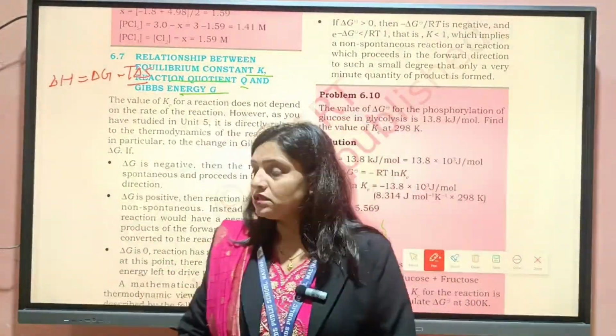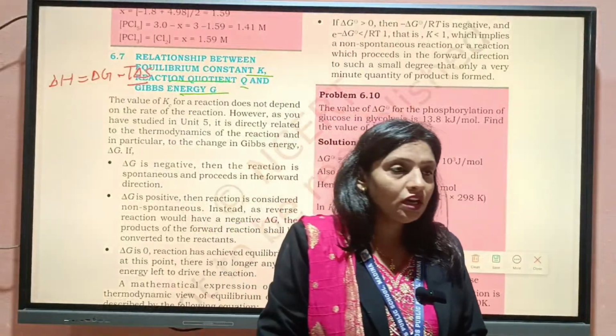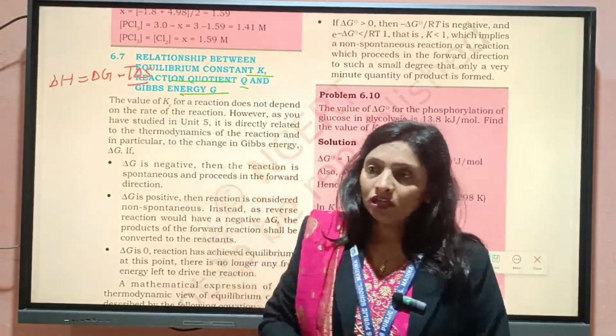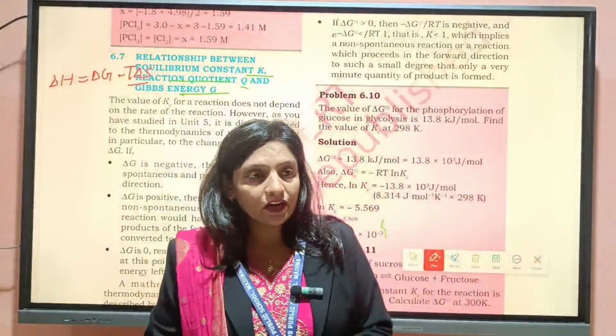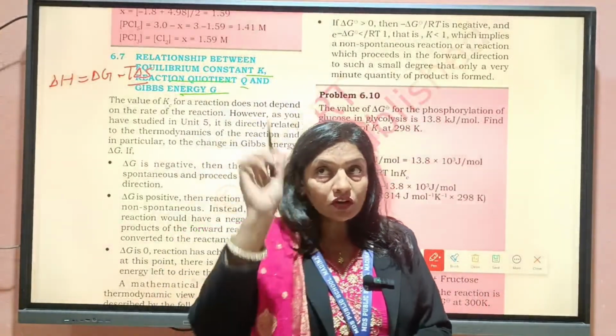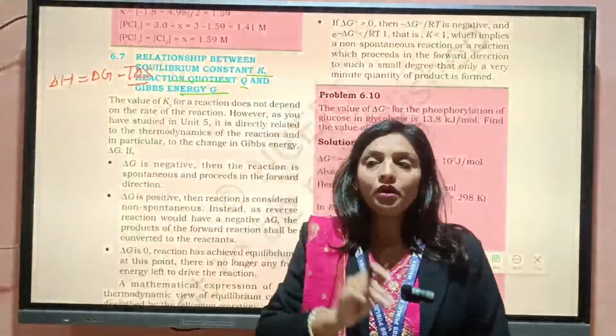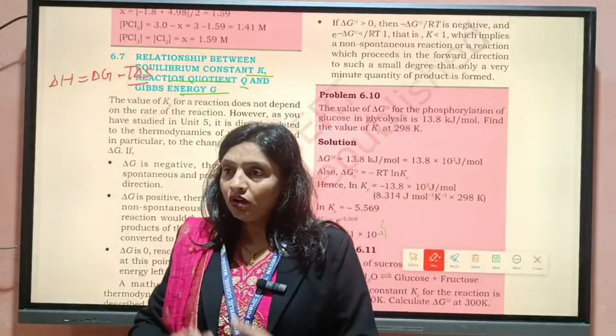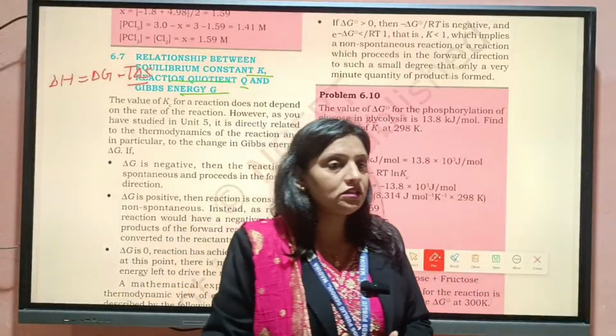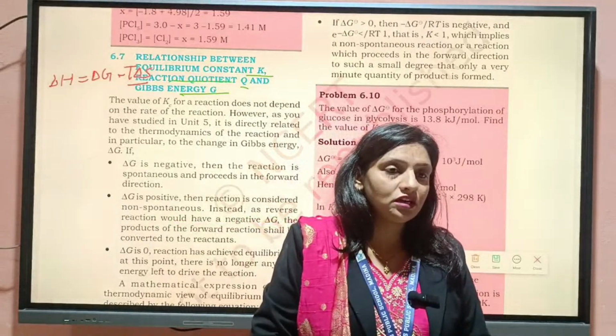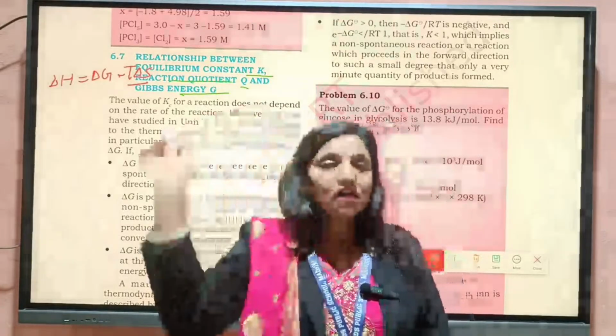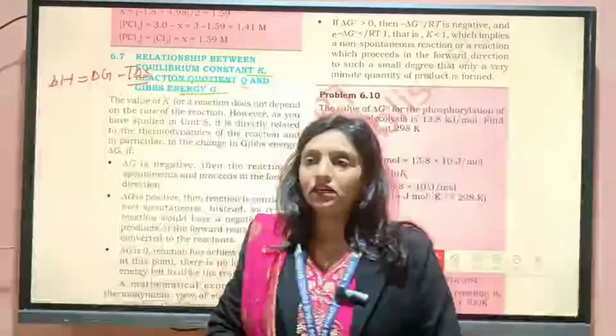Like students, if we run a fan, then we give some electricity, but the whole amount is not used for running the fan. Only a small amount of the electricity is used to run the fan, that is known as the Gibbs free energy.